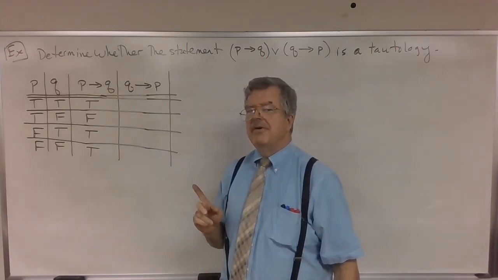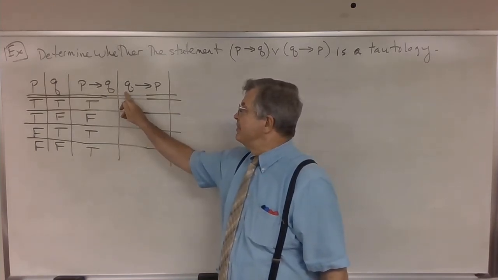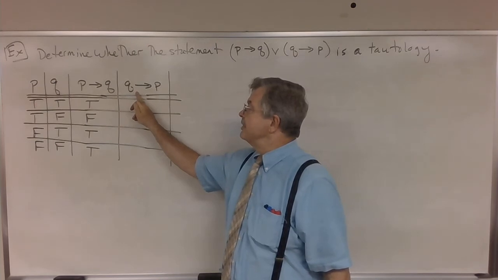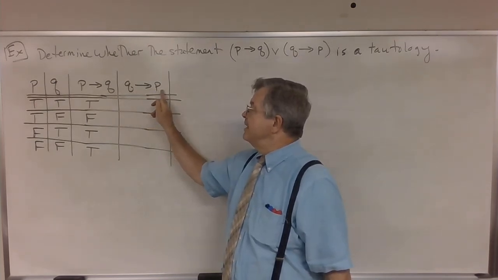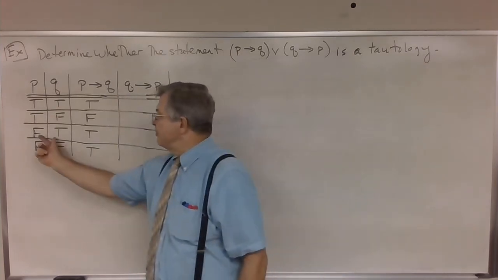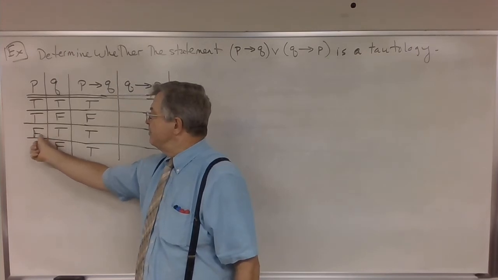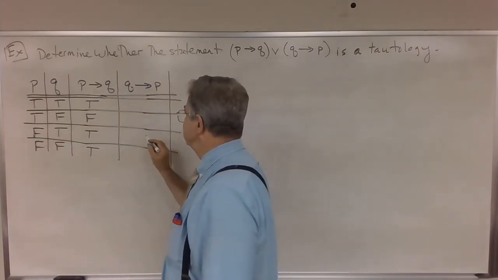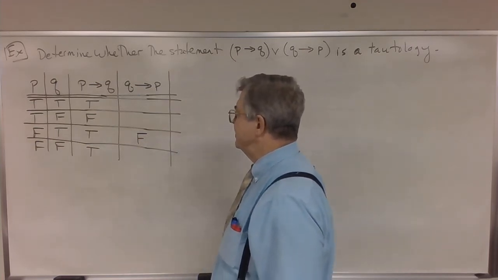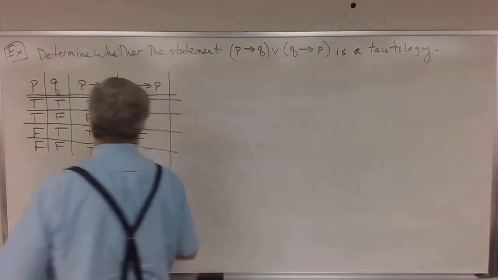It's only false when we have a true implying a false. So now we look for the case where Q is true and P is false. And that happens right here. This is the only time it happens. Q is true, P is false. So the statement is false under those circumstances. For all the other cases, it's true.